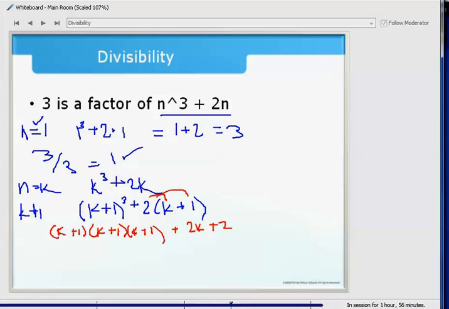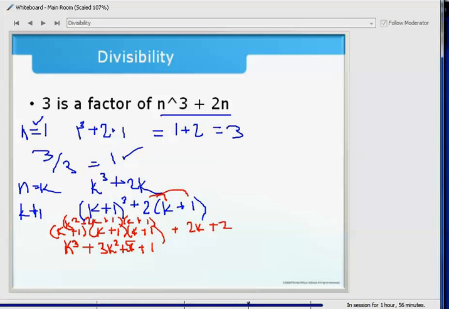If you FOIL this out, you'll get k cubed plus 3k squared plus 5k plus 1. That's just multiplying. I FOILed two of the factors together to get k squared plus 2k plus 1, and then I multiplied by k plus 1.